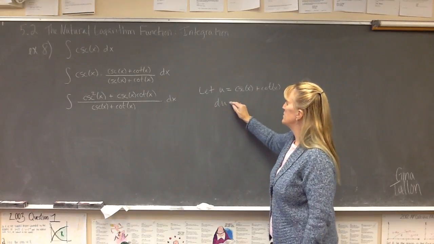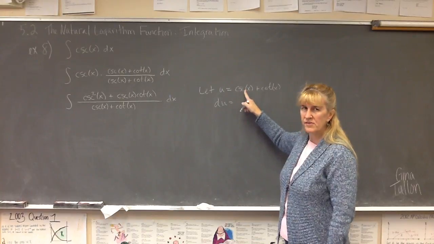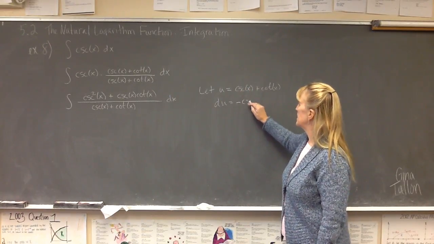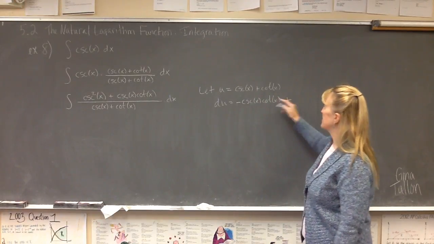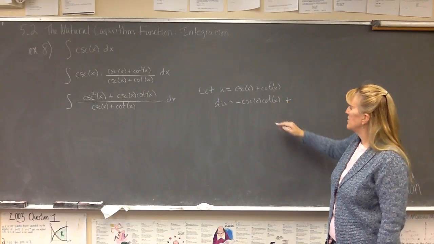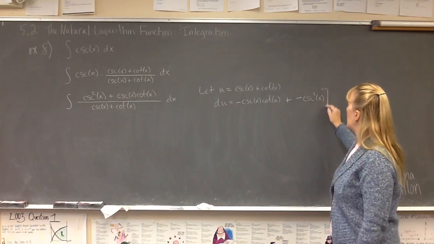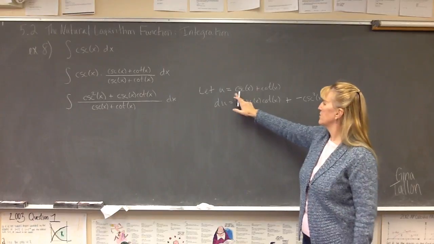And then my du is just what the thought process was a second ago. The derivative of cosecant x is negative cosecant x cotangent of x, plus, I'm copying, and the derivative of cotangent x is negative cosecant squared x, all of this with respect to x.